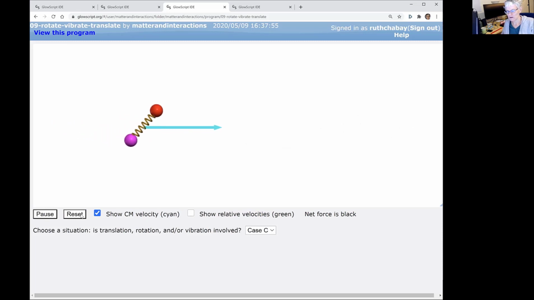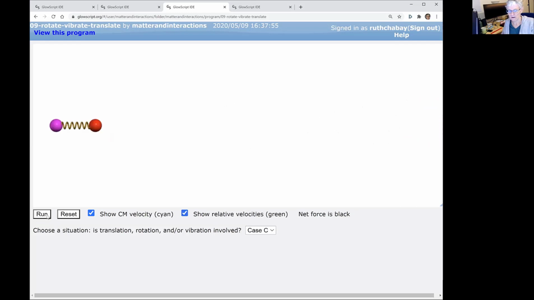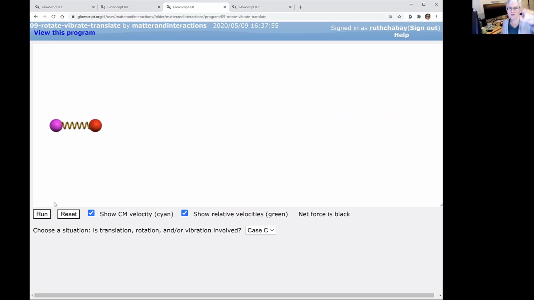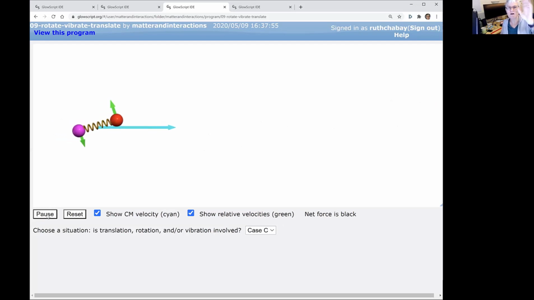That's the center of mass velocity. But in fact, these atoms are also moving relative to the center of mass. So we have two kinds of kinetic energy here. We have this translational kinetic energy associated with the motion of the center of mass, and we have this rotational kinetic energy associated with the fact that the thing is spinning and the atoms, the balls, the spheres, whatever they are, are moving.